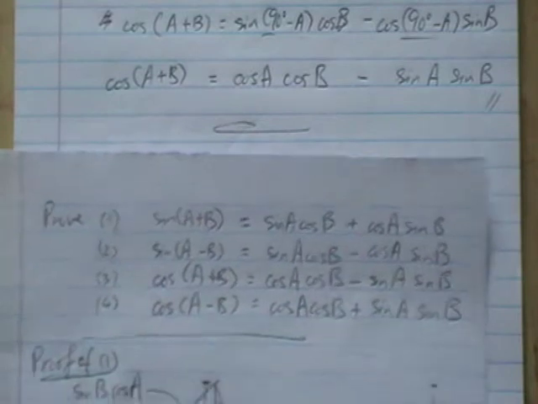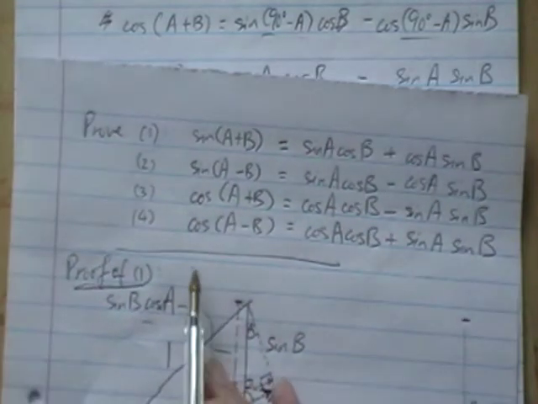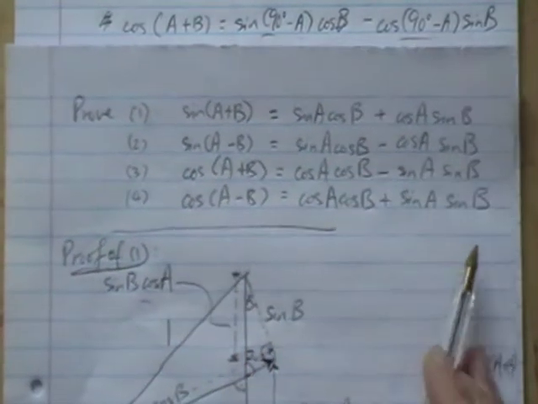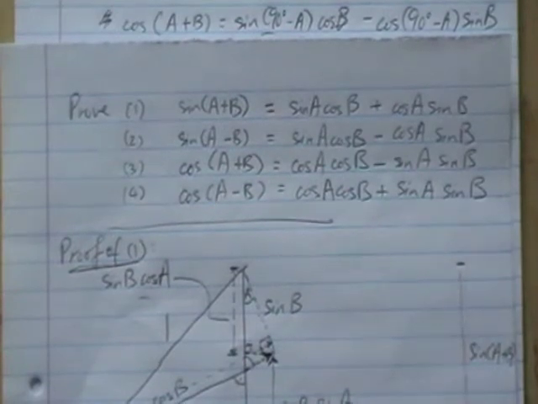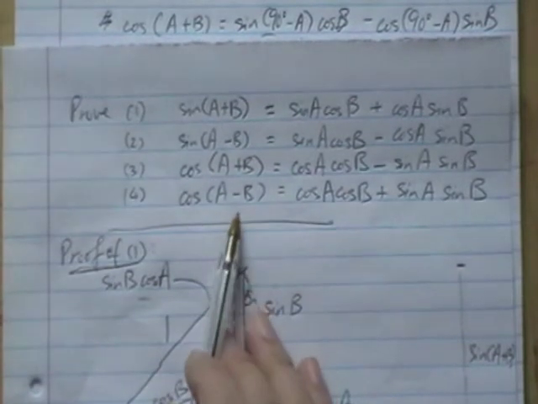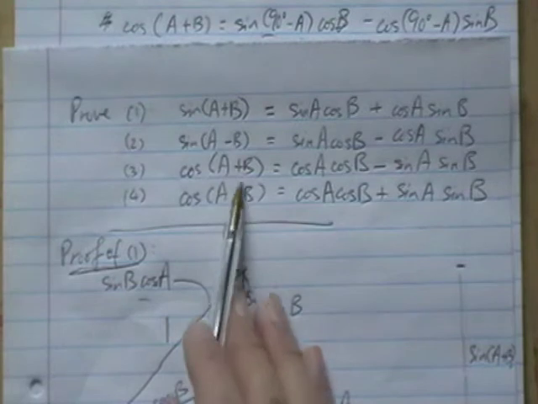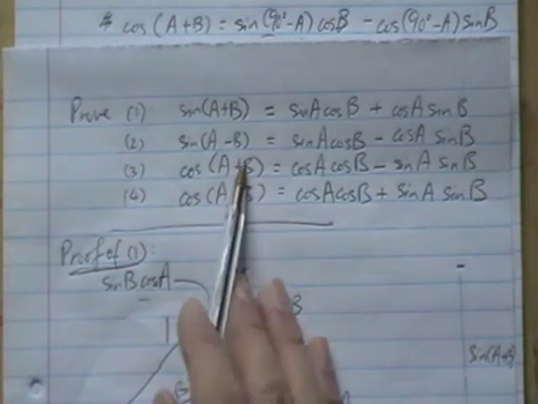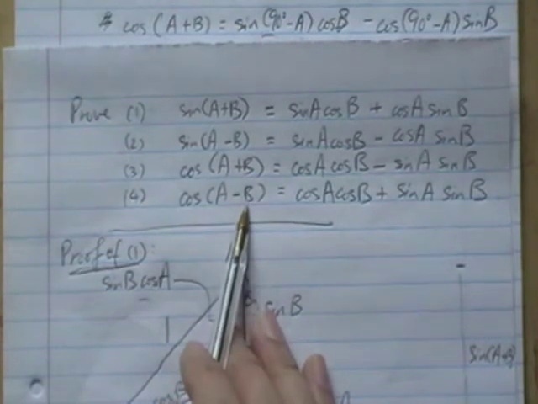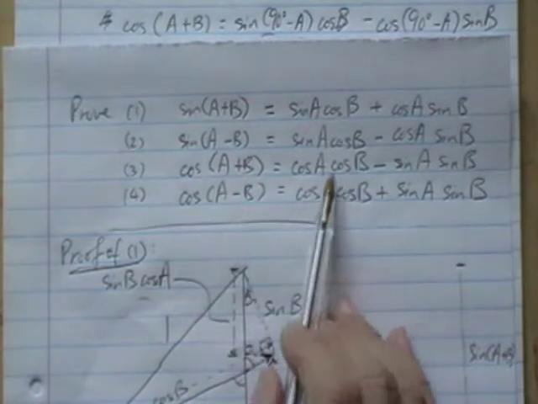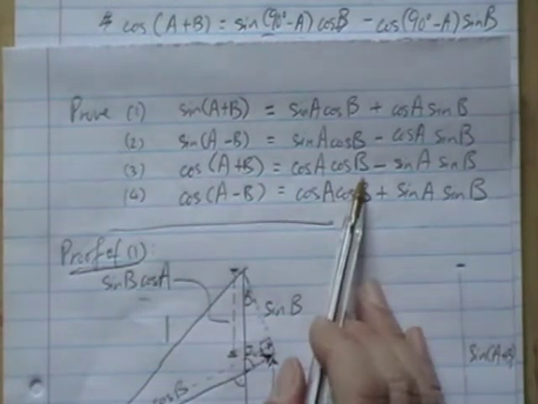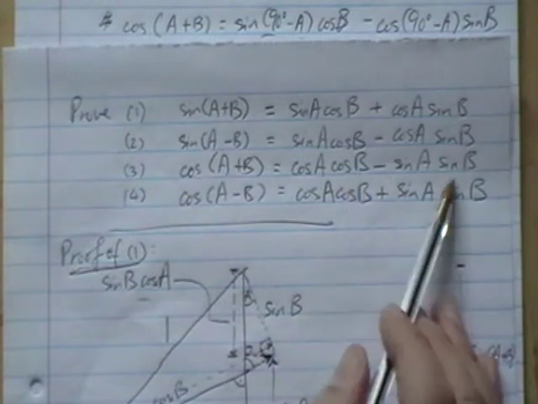For the fourth identity, take a look, just this one. The difference between 4 and 3 is that b is changed to minus b. Now if I look at the third identity, b appears in cosine b and sine b.